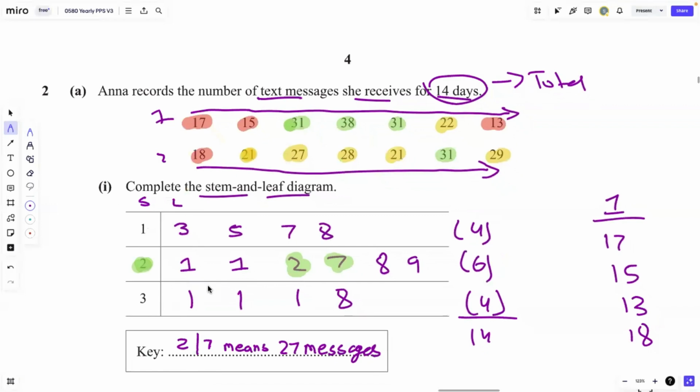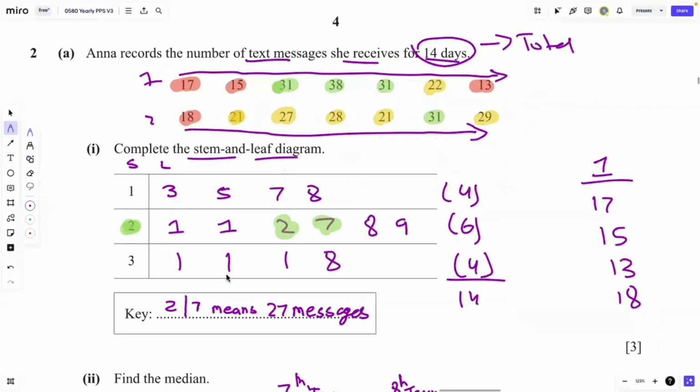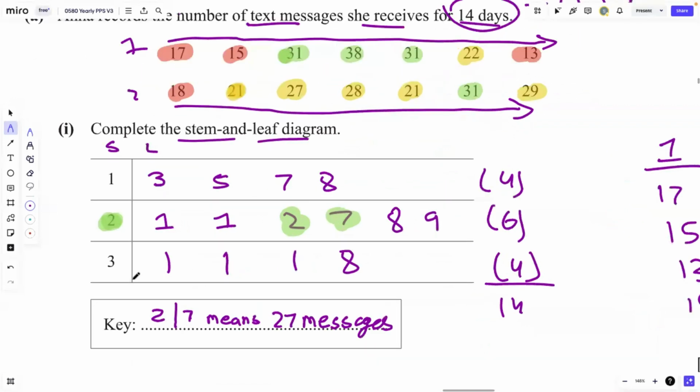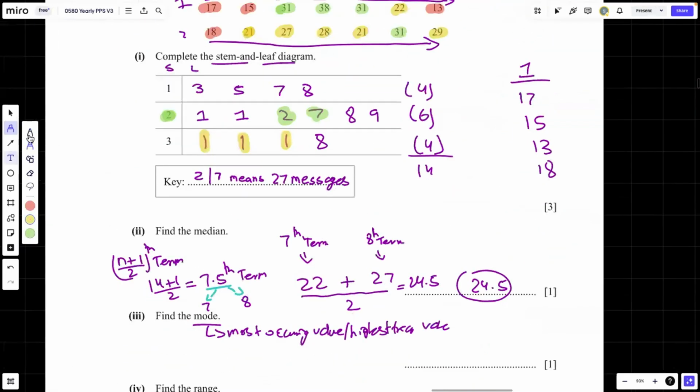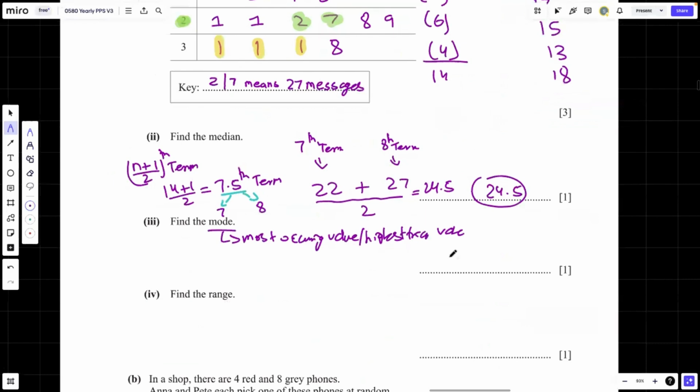So we can see 3 ones in the third row. That means 31 is coming thrice. Is there any value that's coming thrice other than 31? These are the values that I'm talking about here. So 31 is coming thrice, so that's just going to be the mode.